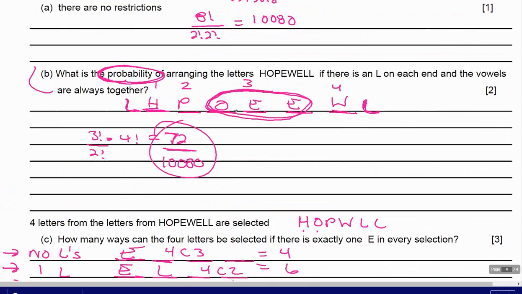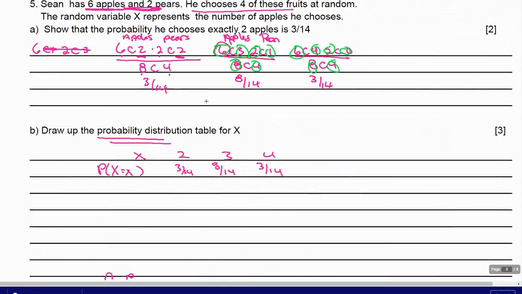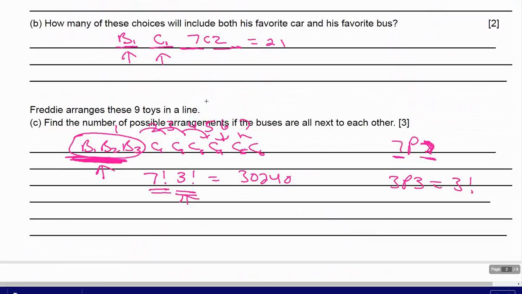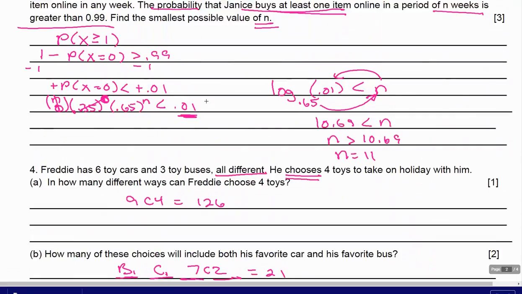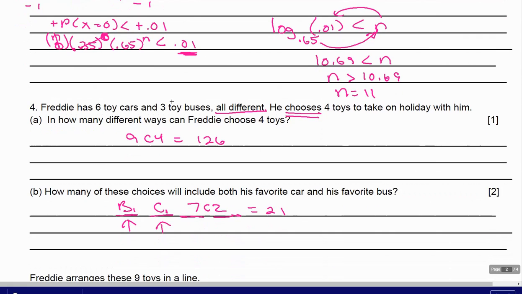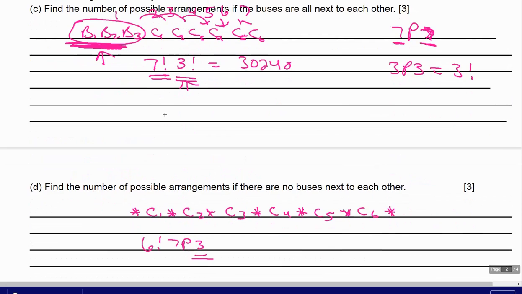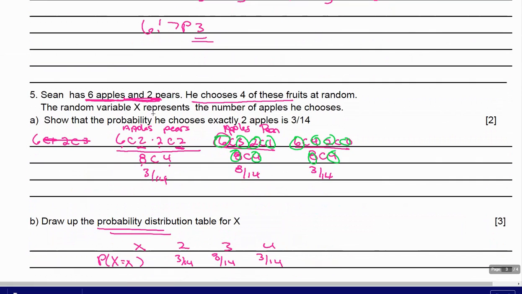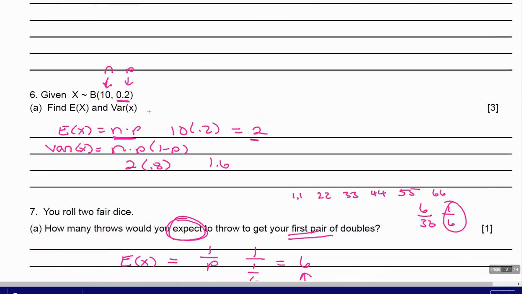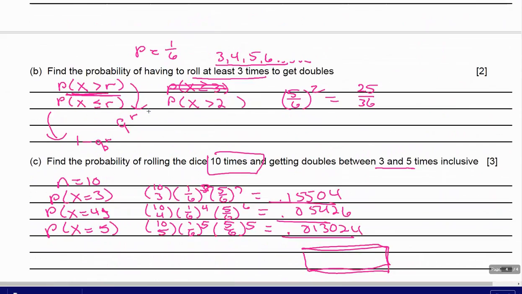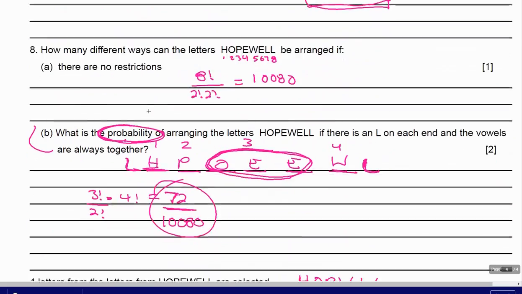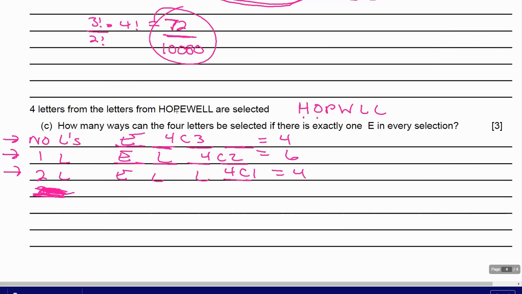As far as combinations go, sometimes we have multiple situations and we've got to consider all the different ways. Here, there's 1 bus and 1 car that we know are in there. And then here, we've got duplications.